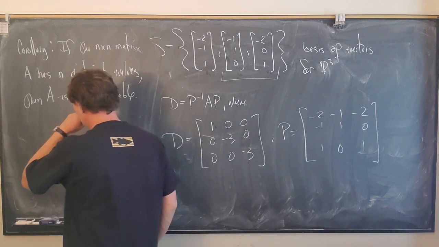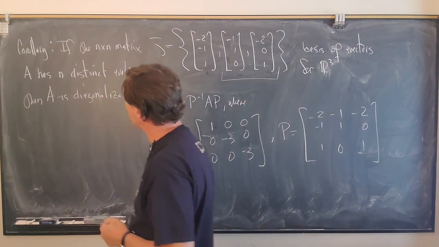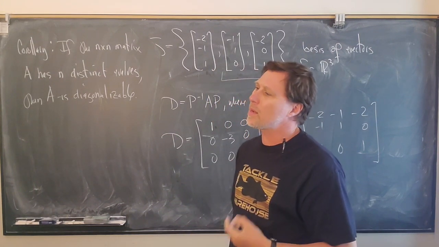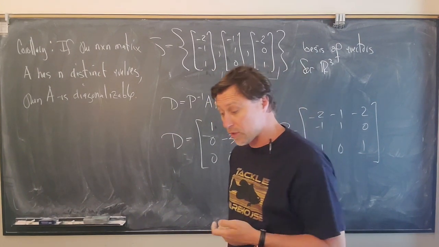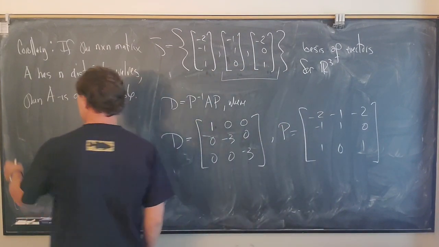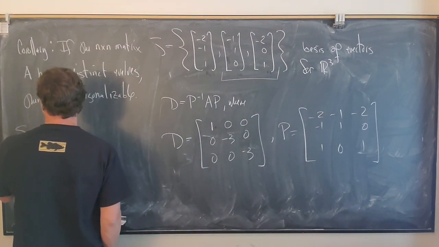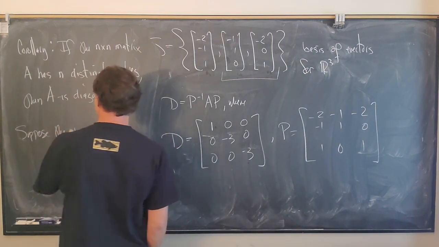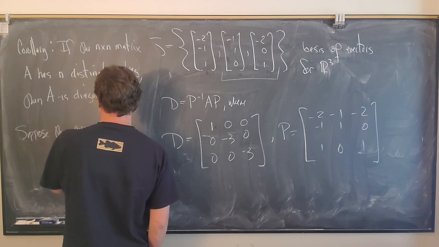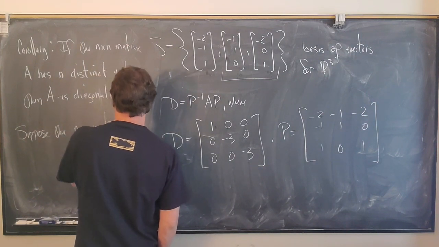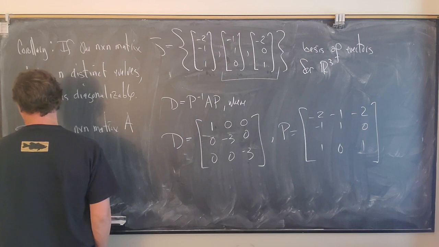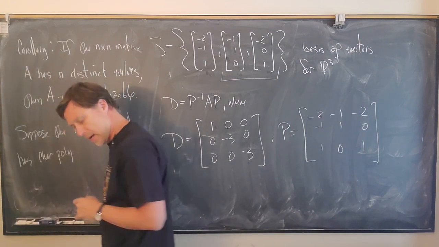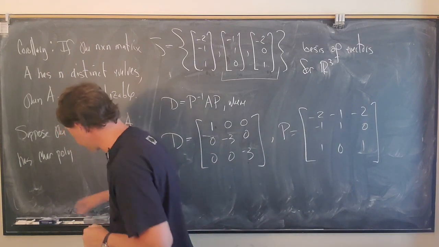Okay, before we go on to some examples, what we want to do is get some terminology down that corresponds to the number of times that an eigenvalue and an eigenvector appear. So suppose the n by n matrix A has characteristic polynomial, and I'm going to write it out in factored form.